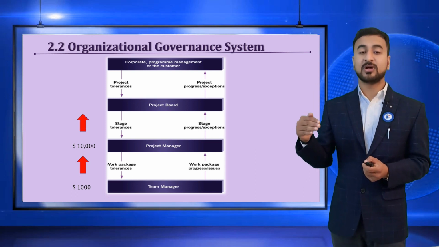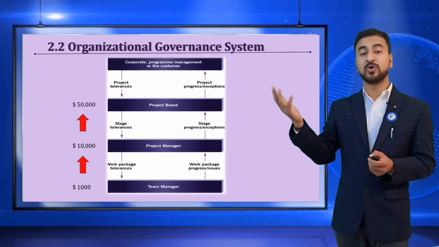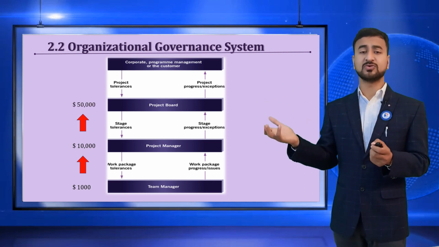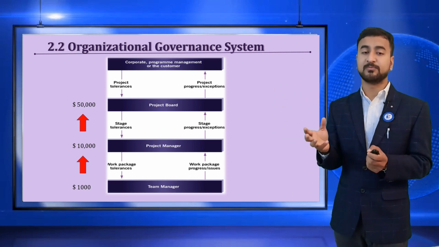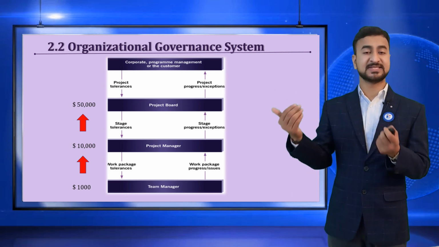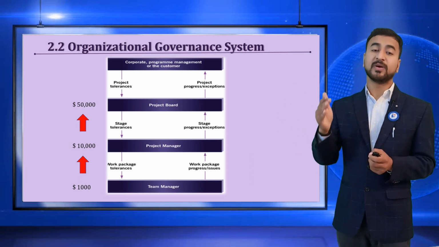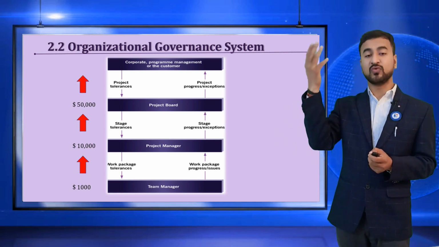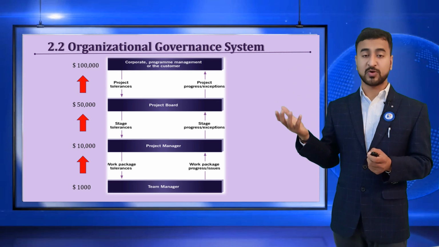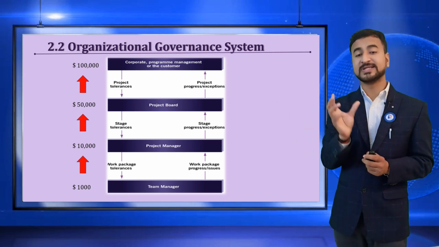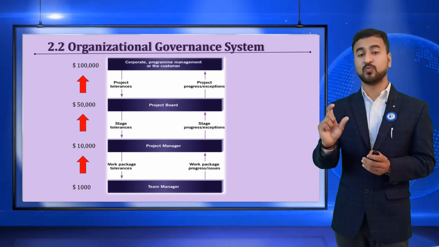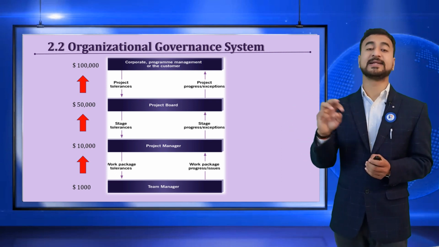After $10,000, he needs to escalate further to the project board, which has the authority up to $50,000. Within $50,000, after proper documentation and impact analysis, the change control board will approve it. But beyond $50,000, they have to raise the concern to the corporate board, up to $100,000. This is how you can set parameters like scope variation, cost variation, and time variation.